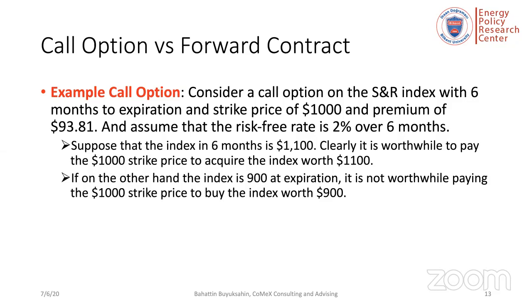In this case, clearly, it is worthwhile to pay the $1,000 strike price to acquire the index worth 1100. If, on the other hand, the index is 900 at expiration, it's not worthwhile paying the $1,000 strike price to buy the index, because you can buy the index at a lower price in the marketplace. All you lose, basically, is the option premium.